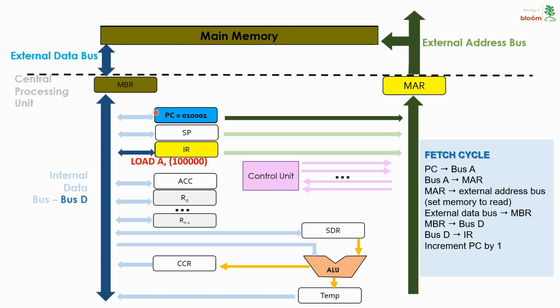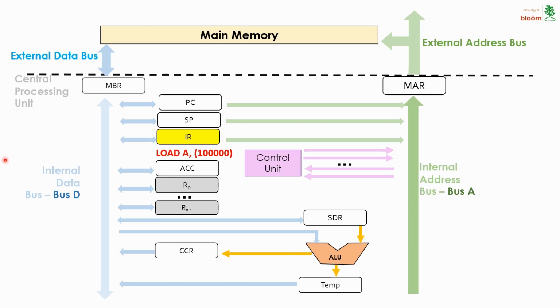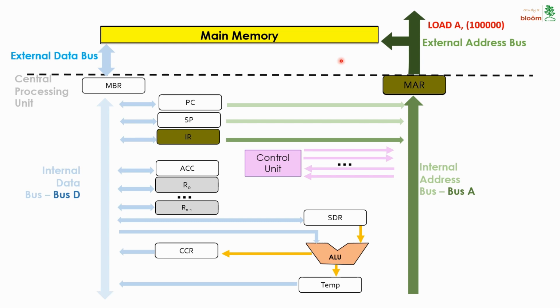So let's see how this loaded instruction is getting executed. Now the current instruction is load A 100,000. Then the IR register will send it to the internal address bus and will try to fetch the data inside the 100,000 memory location. So it will send it via the MAR, memory address register, and the external address bus, and the main memory will fetch the data inside the memory location 100,000, that is 5.